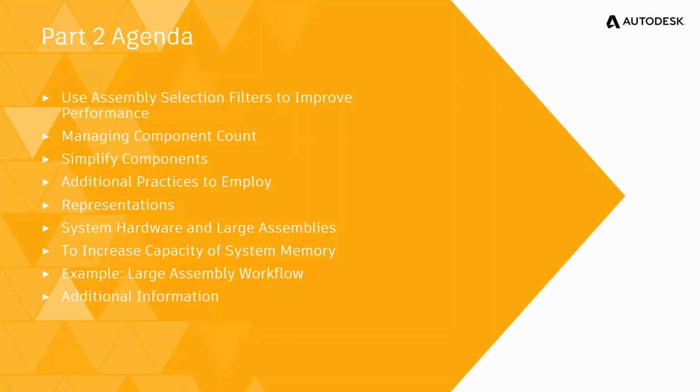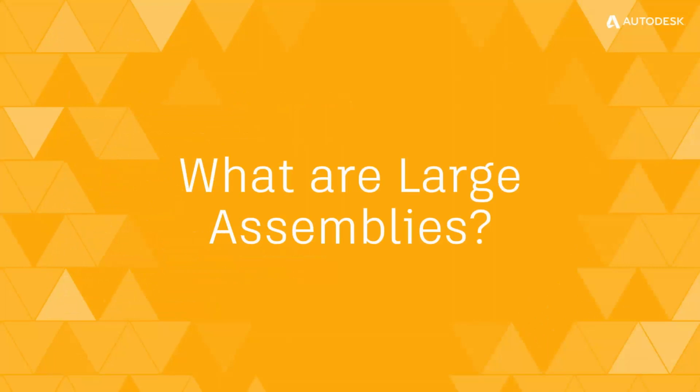We'll then move through and work on a practical example of working with a large assembly, and then any additional information that's necessary. So you can see there's going to be a lot of material covered across these two sessions. But let's get stuck straight into it and look at what are large assemblies.